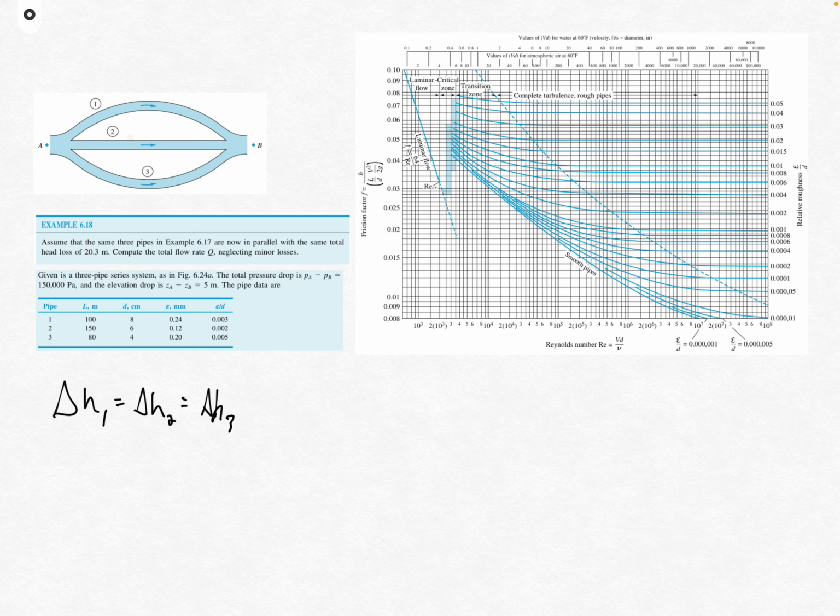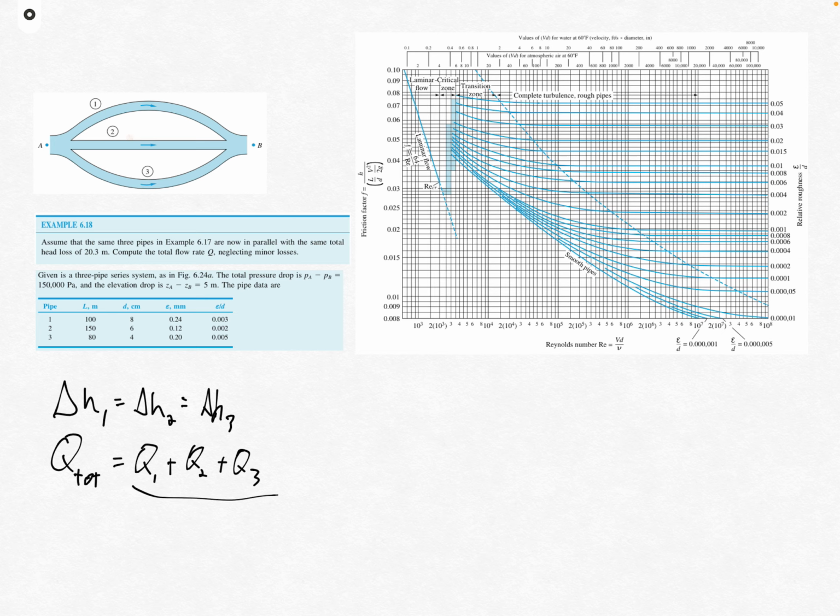So the other relationship that we have to keep in mind when we're considering flow through parallel pipes is that the total flow is equal to Q1 plus Q2 plus Q3, where in this case we have three pipes to consider, right?